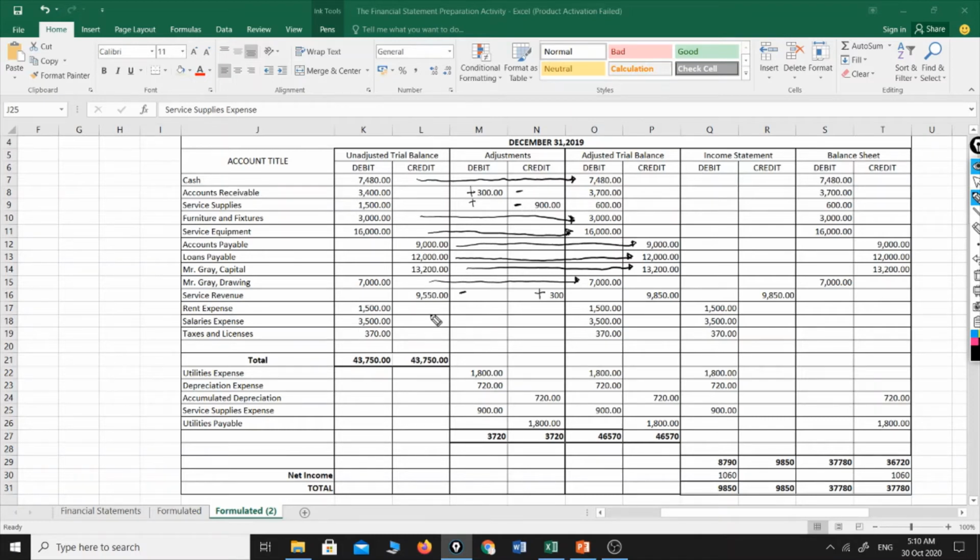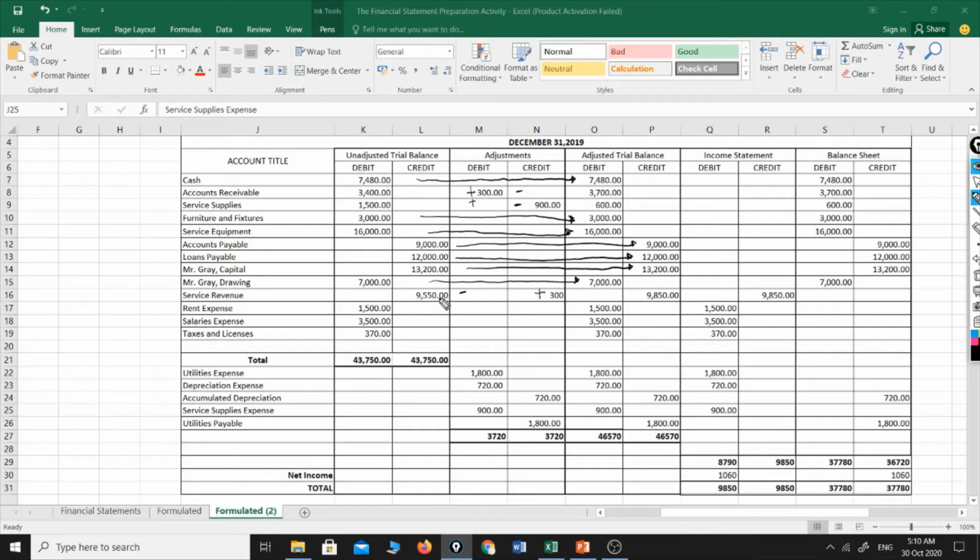Okay? So back to service revenue, it is on its normal balance of credit, so it indicates that we should add this particular adjustment. Or simply, since the adjustment is a credit and the balance is also a credit, both credit, we extend this one to the credit column.